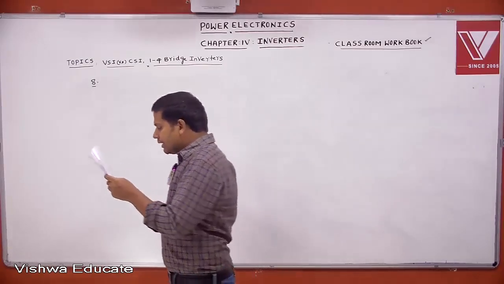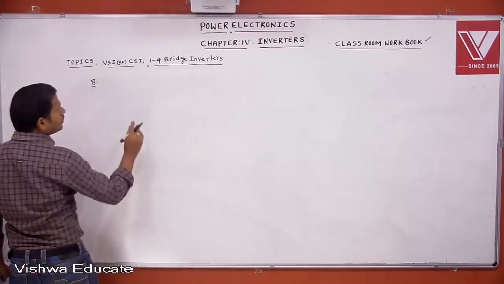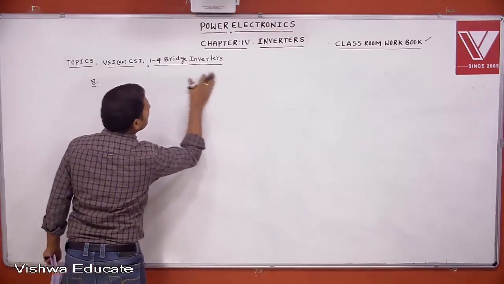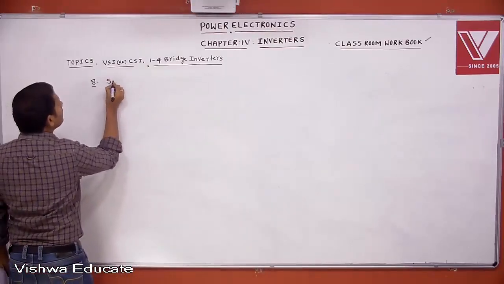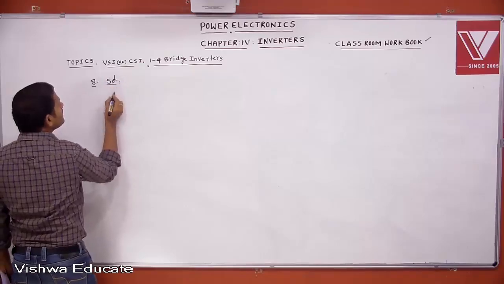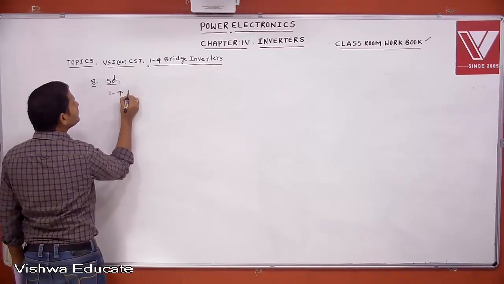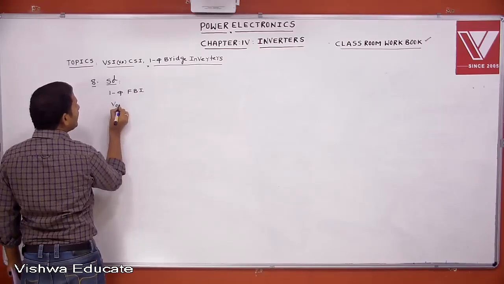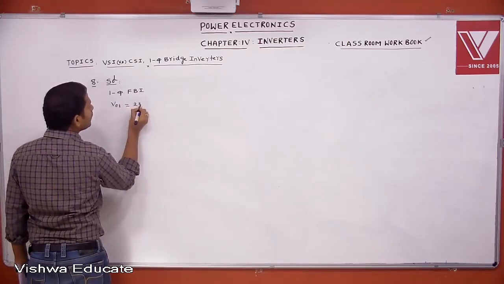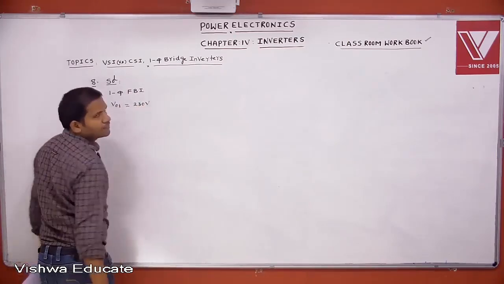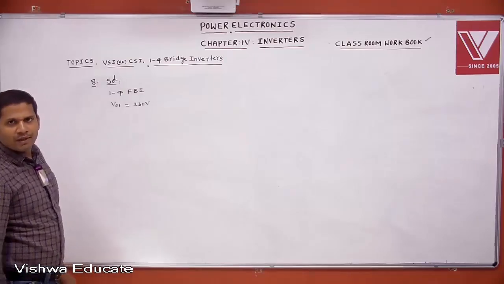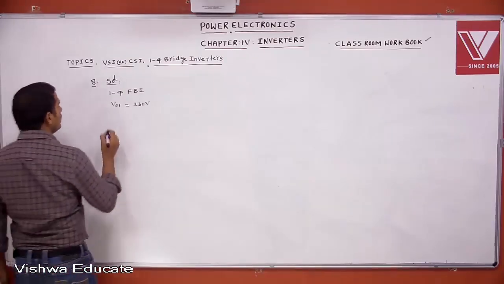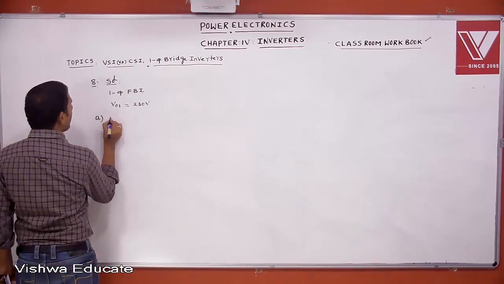See what is the solution of this problem. Given is a single phase full bridge inverter. The RMS value of the fundamental output voltage is 230 volts. Under that, the first one is for R load.